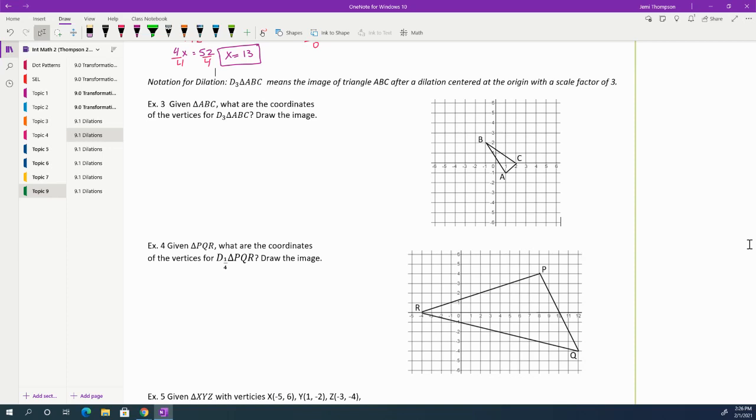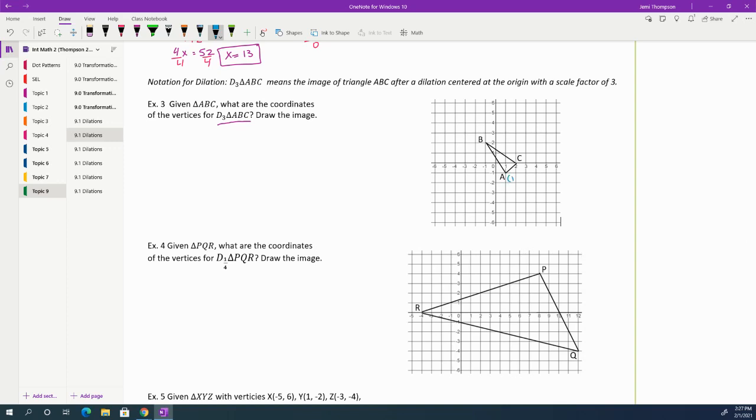So example 3, given triangle ABC, what are the coordinates of the vertices for a dilation of 3 for triangle ABC at the origin? Draw the image. Okay, so I'm going to use my figure here to find the vertices of this triangle.